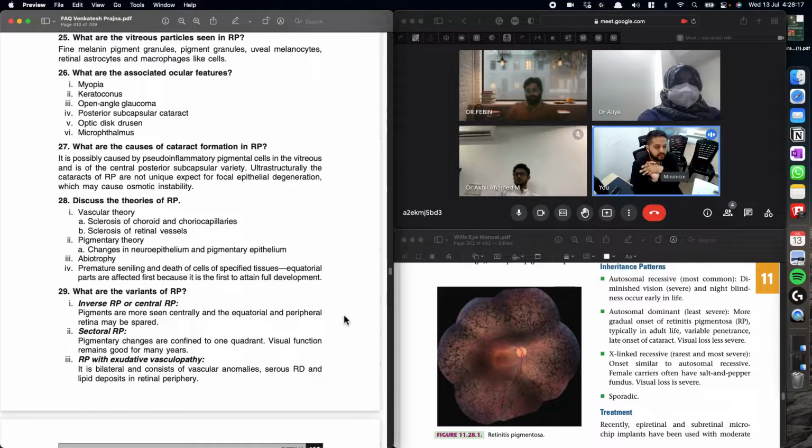What are the chances of a girl being affected with X-linked recessive RP, or a boy being affected?